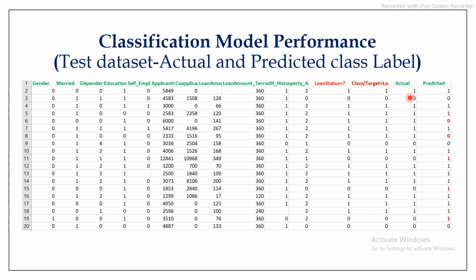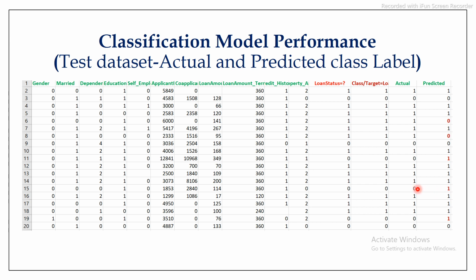So this is a correct prediction. In another instance, the actual value is 1, but the prediction by the ML model is 0. So this one is an incorrect prediction. This one is also incorrect, and this one is also incorrect.